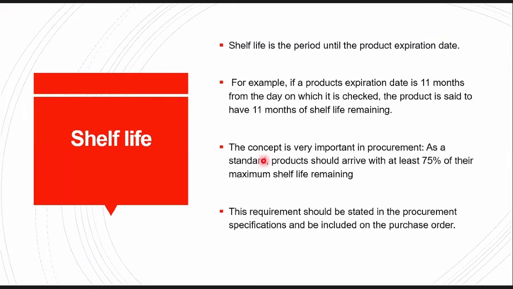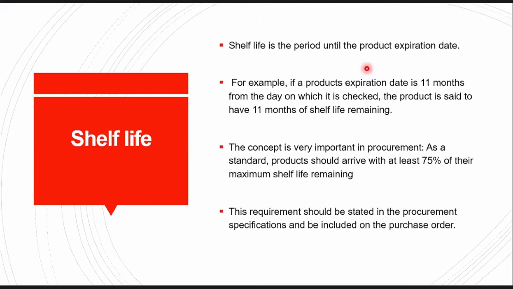The shelf life. This is the life of a product from the date of manufacture to the date at which it is going to expire. For example, you have a product that has 11 months of stock.